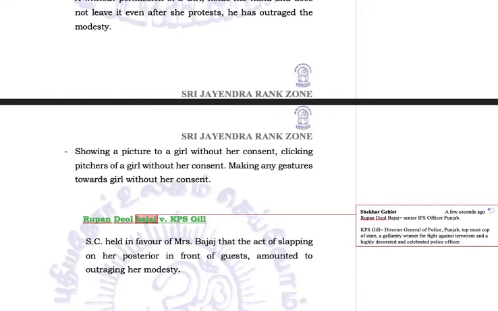This Rupan Deol Bajaj was a senior IPS officer, and this person KPS Gill was a Director General of Police, DGP. That is the topmost cop of the state, Chief of the State Police Department, a gallantry winner for fight against terrorism, and a highly decorated and celebrated police officer. Such was the stature of this person KPS Gill. Now, what happened in one night? There was a party.